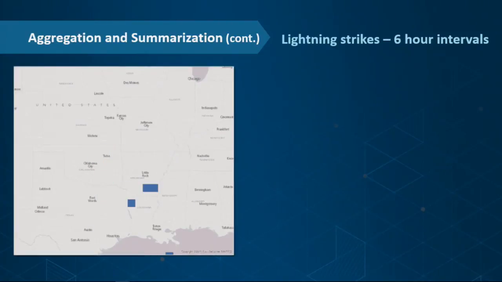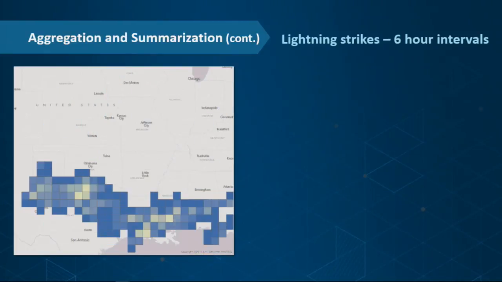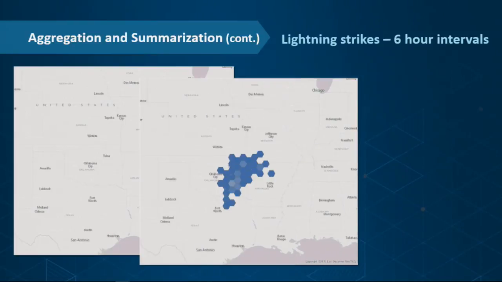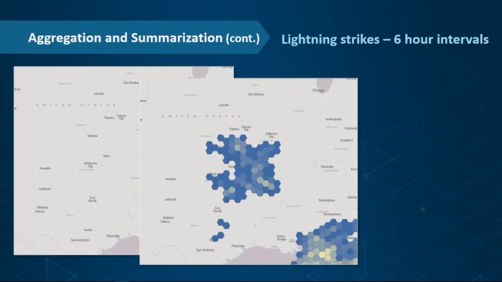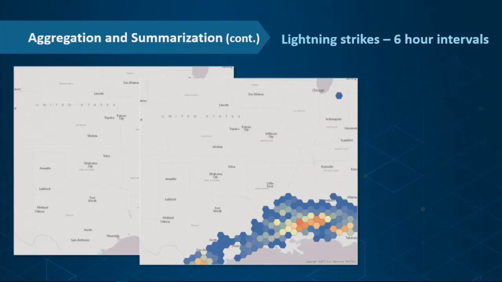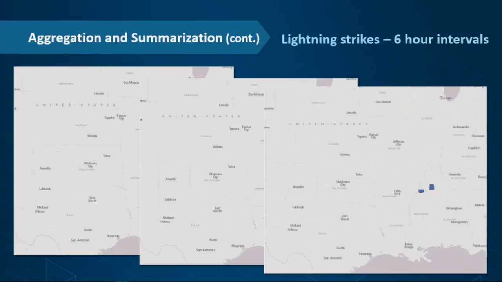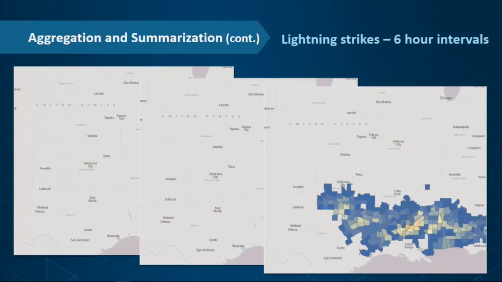Here we did it with 6-hour intervals with the grid cells. So this is over a couple weeks, and each one is a 6-hour interval. You can do that with grid cells, you can do it with hexes, and you can also do it with polygons, here, counties. Create panel data out of any of this stuff.